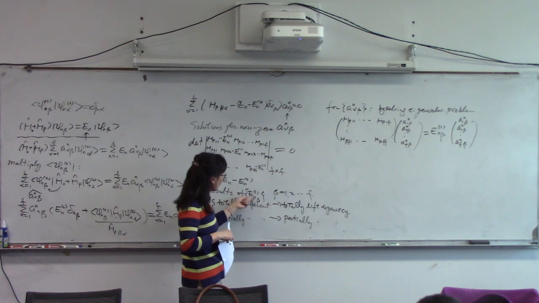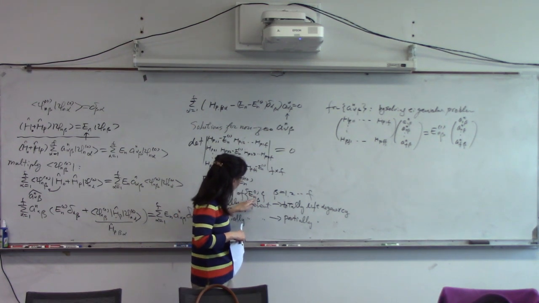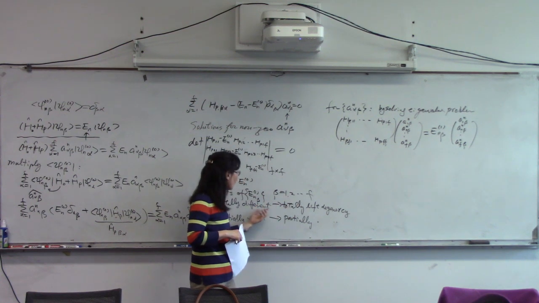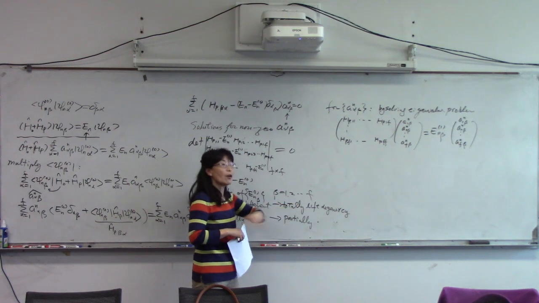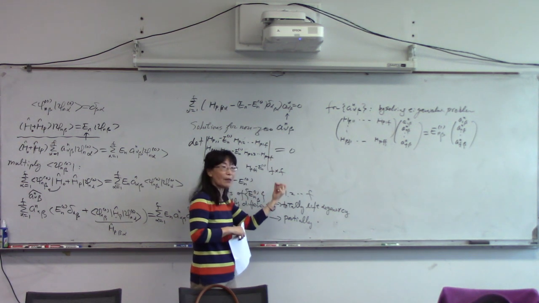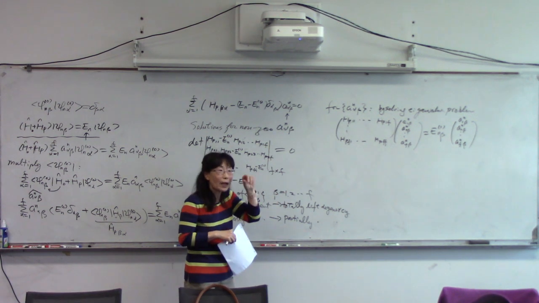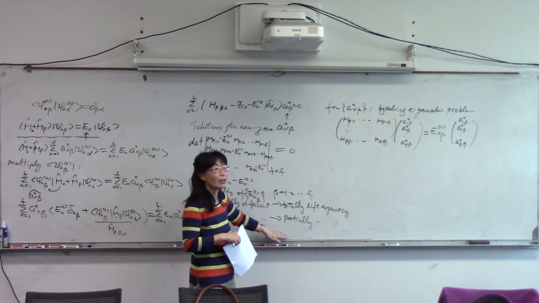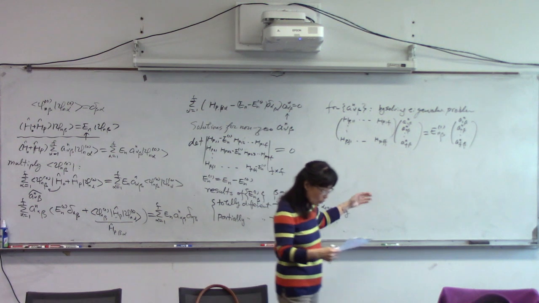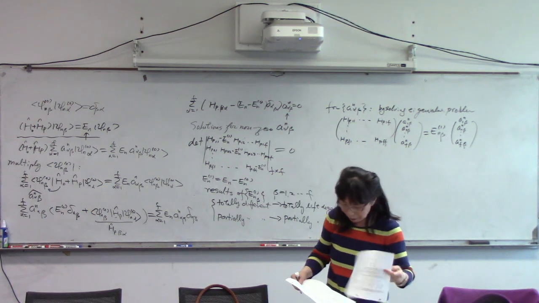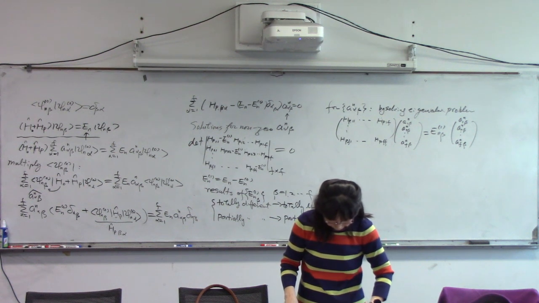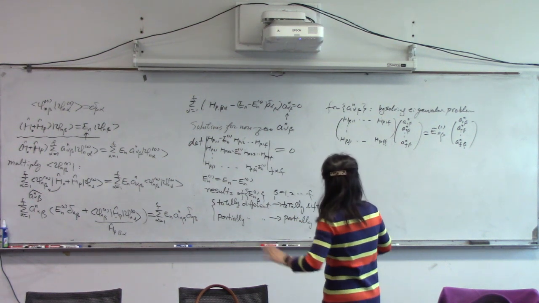So for a given n, depending on beta, if all the beta values are totally different, that means all the degeneracy is lifted. If some of them still have the same value, that means still partially degenerate. Okay, for each beta, yes. We are going to do one example, you will see we will have this kind of example.